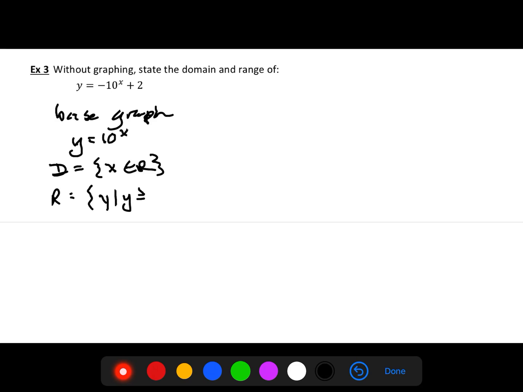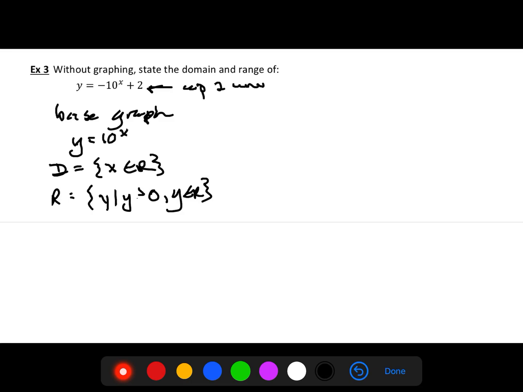For our base function, we know that y has to be greater than, and not equal to, just greater than 0, and can be any real number from there. Well, now we take a look at how our function has changed.